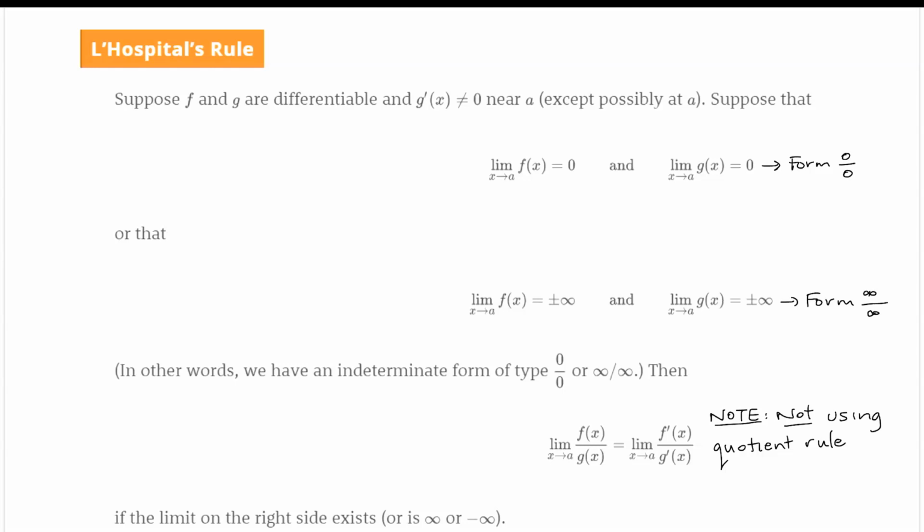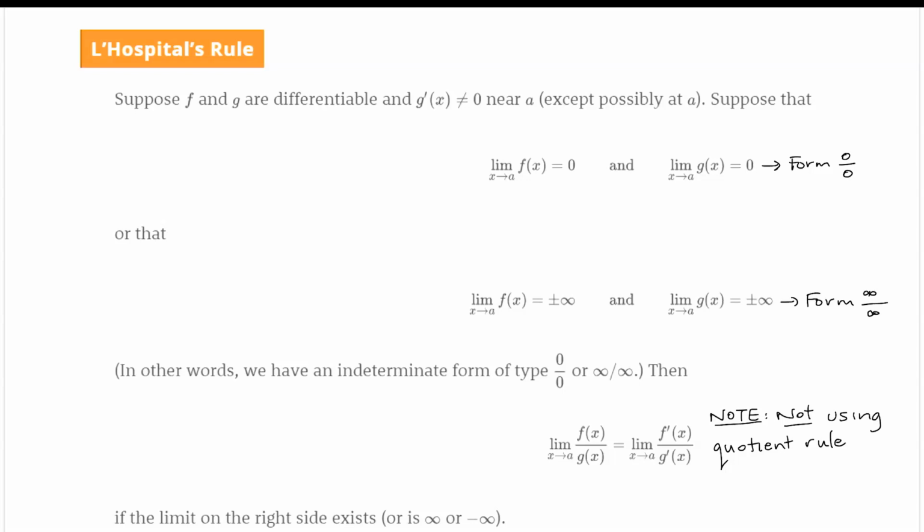The ratio of f over g is inside of a limit. So when we get those particular indeterminate forms, 0 over 0 or infinity over infinity, the rule says that instead of taking the limit of f over g as x approaches a, we can take the limit of f prime over g prime as x approaches a, and there's no quotient rule at all.